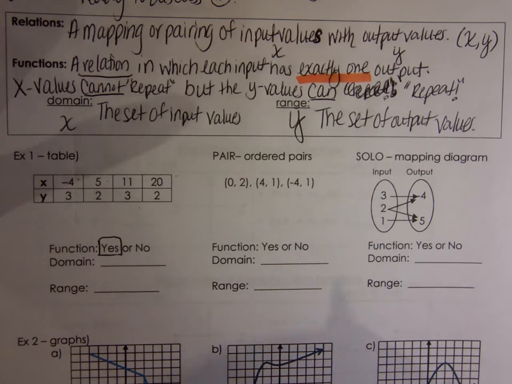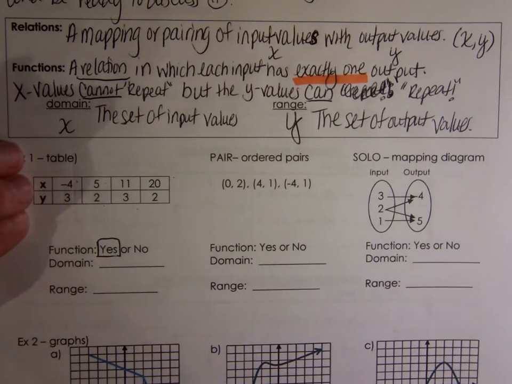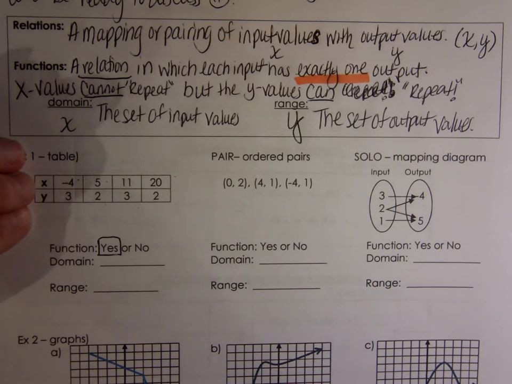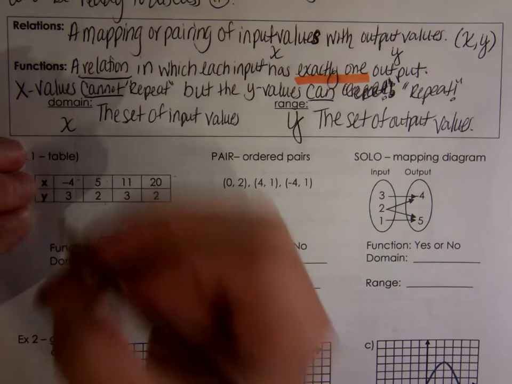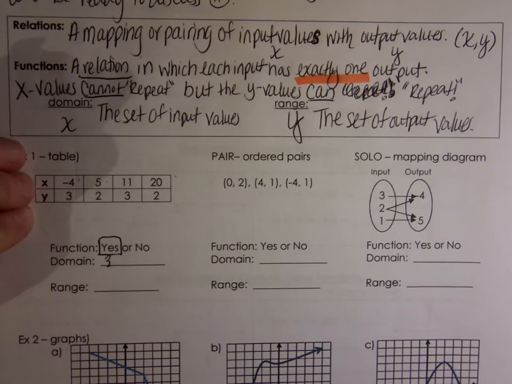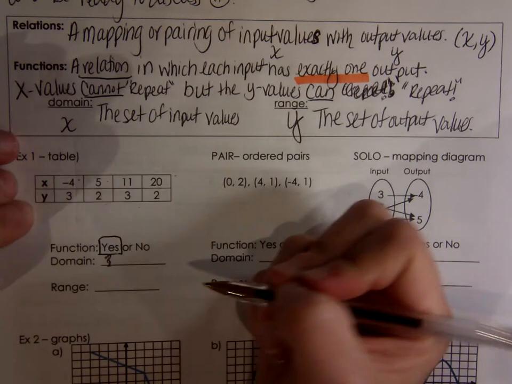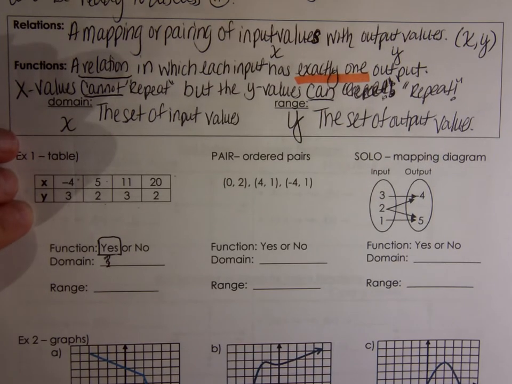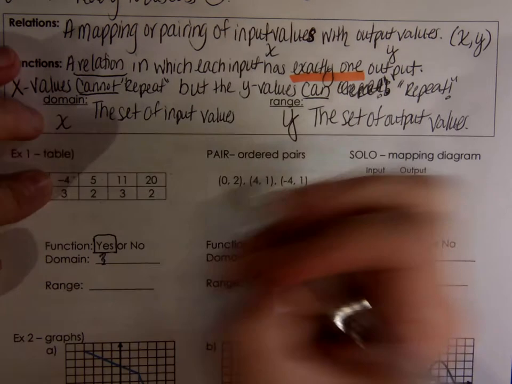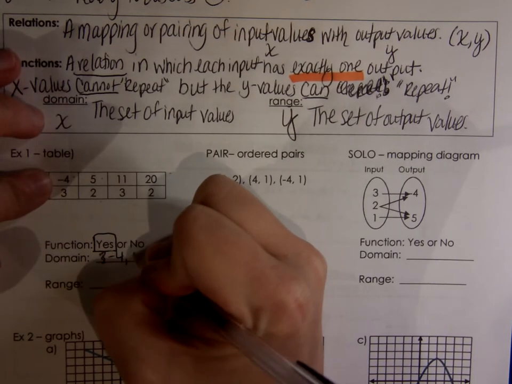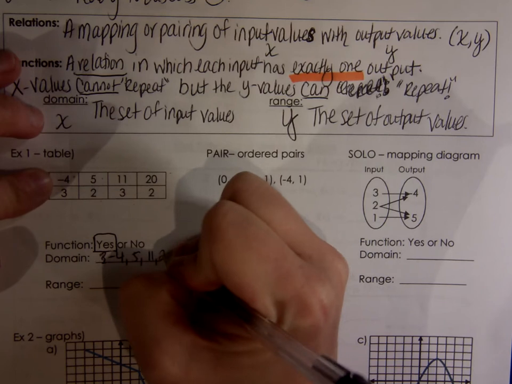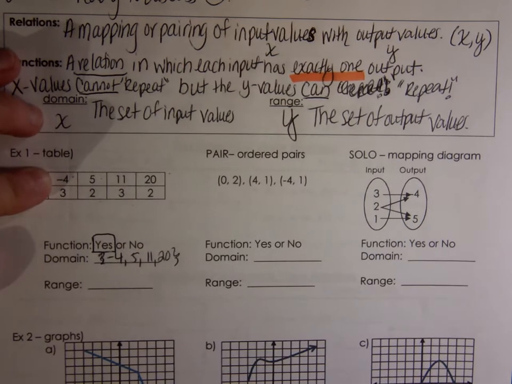Whenever you're given just a set of ordered pairs and it's not related to any specific equation or graph, that means that the domain is just going to be a set, with squiggly brackets, of our x values, and we typically write those in numerical order. So our x values are -4, 5, 11, and 20, and I'm going to close that set.